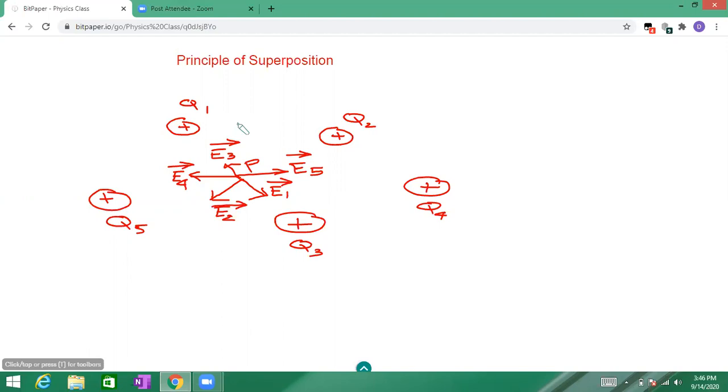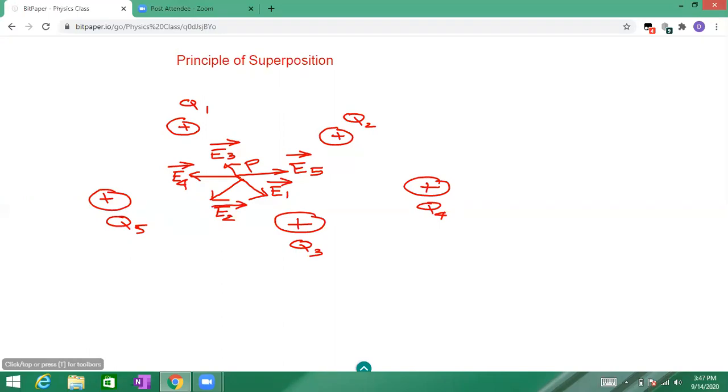Then what is actually the electric field at P? So the principle of superposition says that the resultant electric field at P is the vector sum of all these individual electric fields.